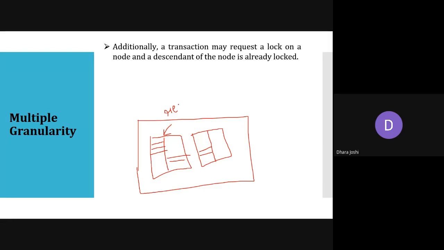The lock manager or DBMS will identify that in this file we have two pages, the first one and the second one. In any of the pages or in any of the records, do we have any kind of lock? If not, only then can I give a lock for the entire file.